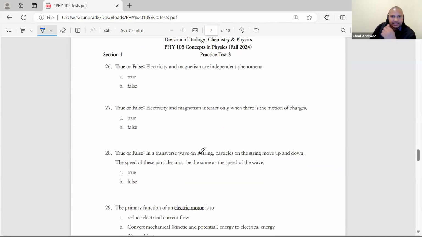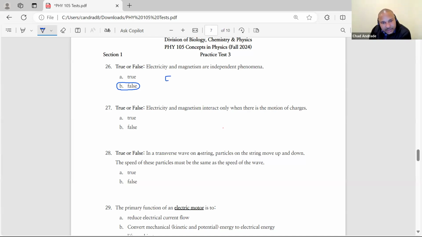Question 26. Electricity and magnetism are independent phenomena. You guys tell me, are electricity and magnetism independent things, or are they connected? All right, that is false. And I'll write just one word beside this that tells you that these two things are not independent.